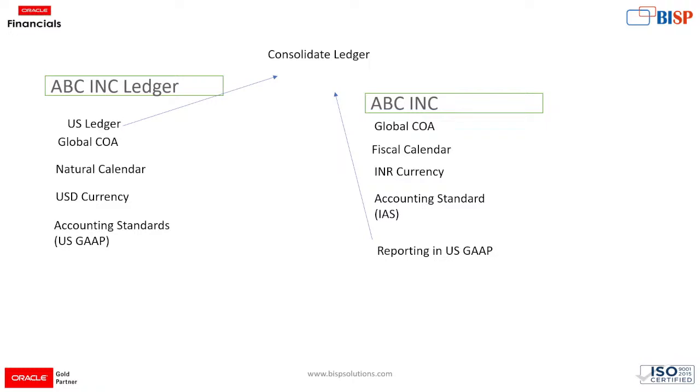GRC has become a critical component for any successful business, so they want to implement it for that reason also. And as the business has grown and expanded its operations, previously they were US based, following US GAAP. Now they have expanded their business and operations, and it has become increasingly important to have a robust reporting system in place, right? So they require reporting out here, and that includes both external and internal reporting, which provides real-time insight into company performance and helps the management make informed decisions.